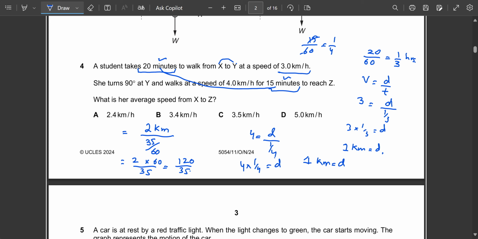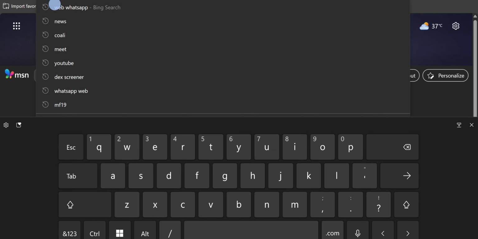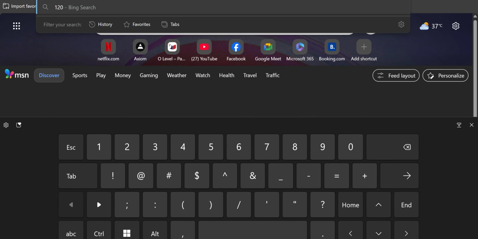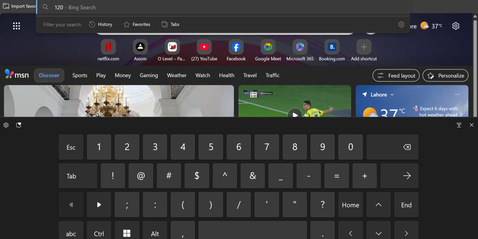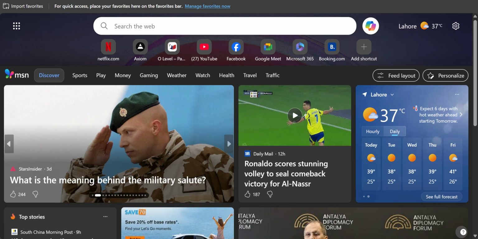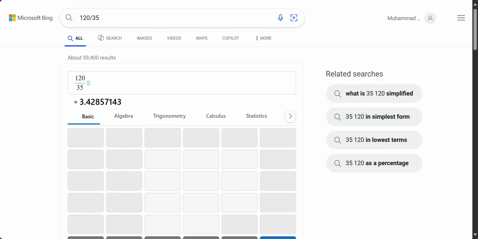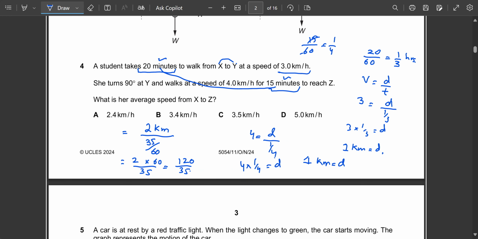You'll get 3 point maybe 4. I think so. Let's do it with a calculator. 120 divided by 35. Yeah, that's 3.4. So 3.4 is our answer.